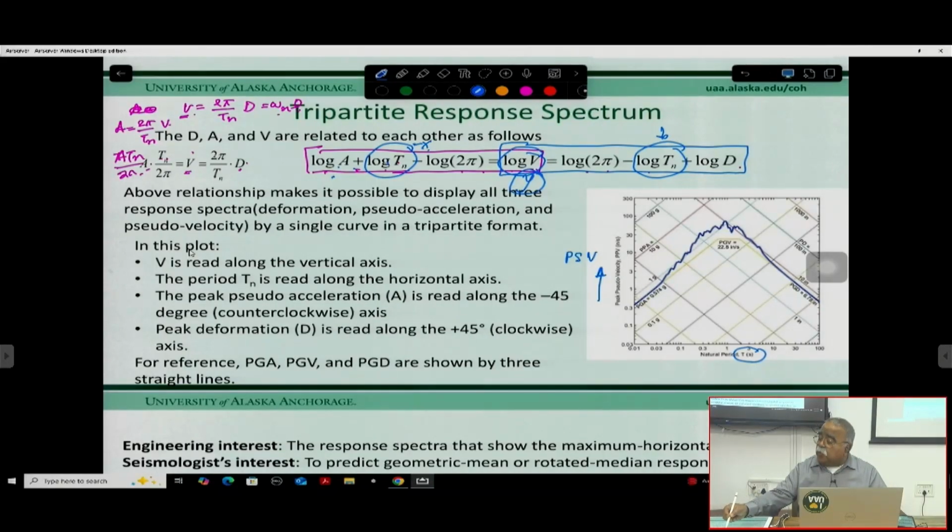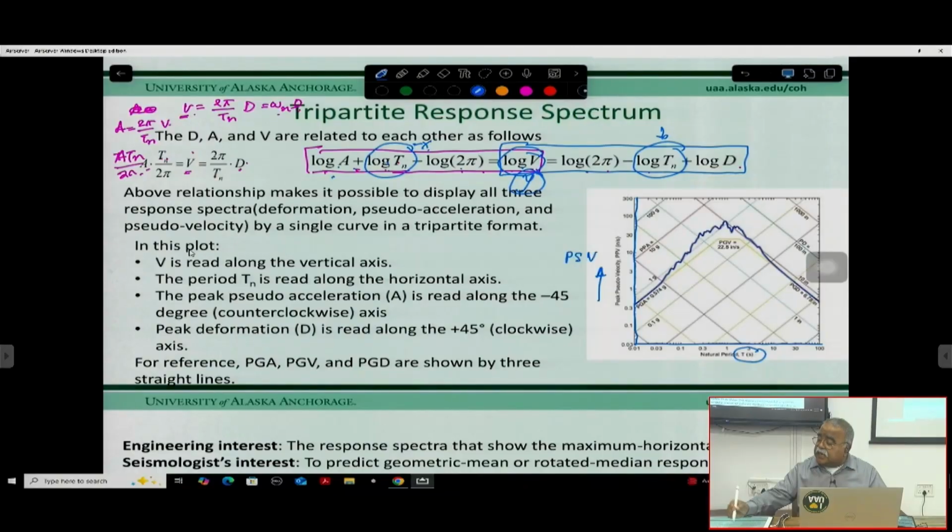So if you plot this one versus that, then this is basically what we can plot by this axis, right? So these are the V and this one. Okay? Now we also plot the acceleration, and the acceleration lines are at 45 degrees with the Tn axis, right?